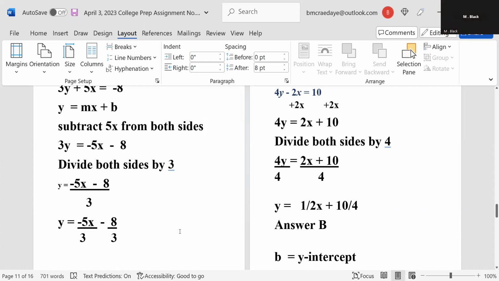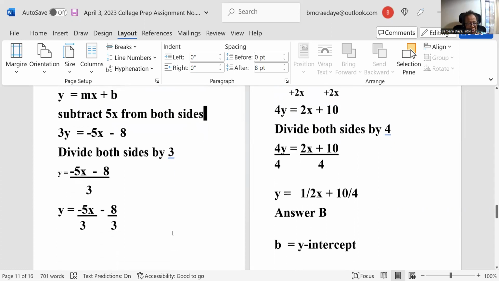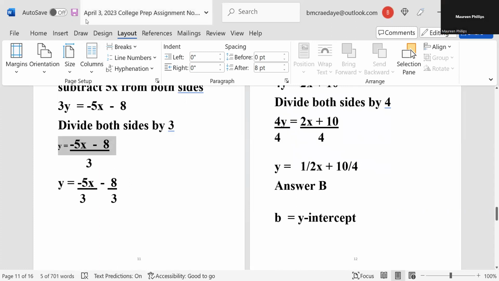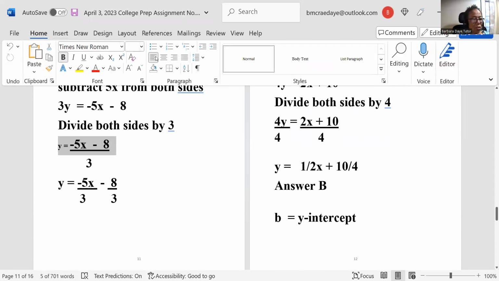Okay. You got it? Yes, I'm still going to review the recording. But is it clear what we did here to solve for the y? Yes, miss. Okay, want to make sure.